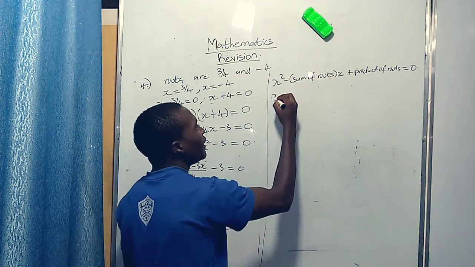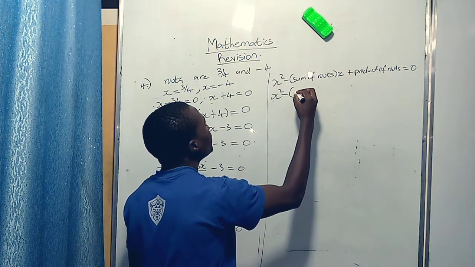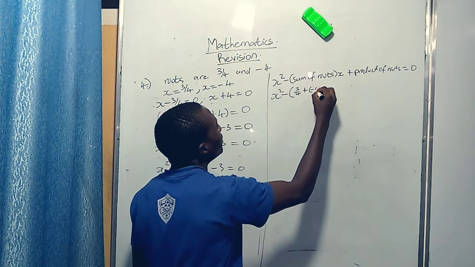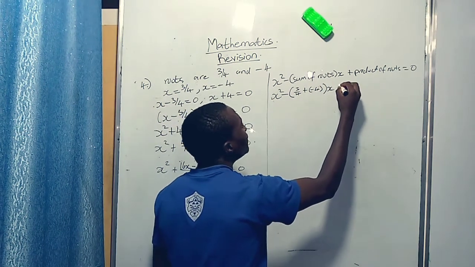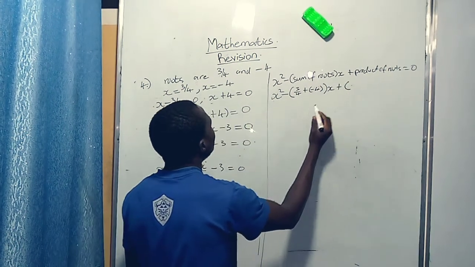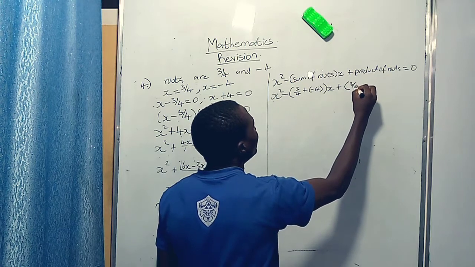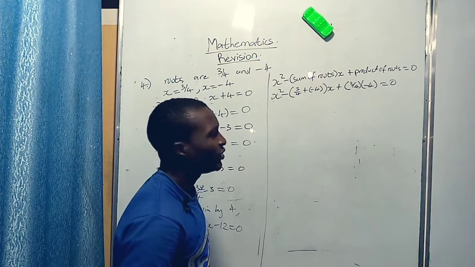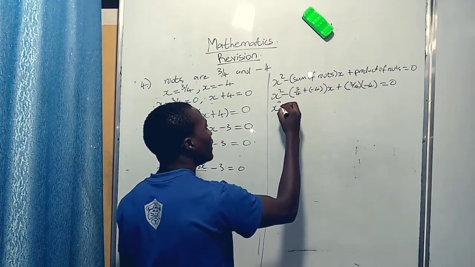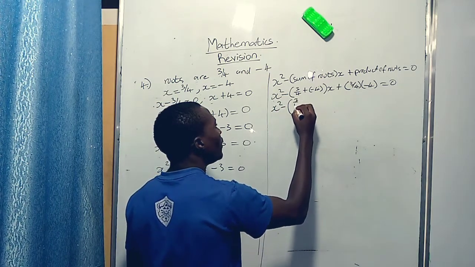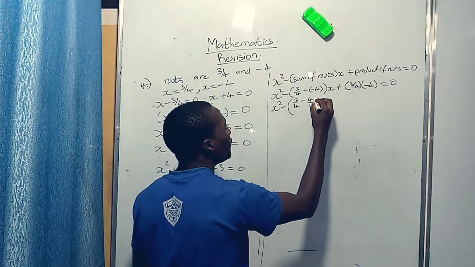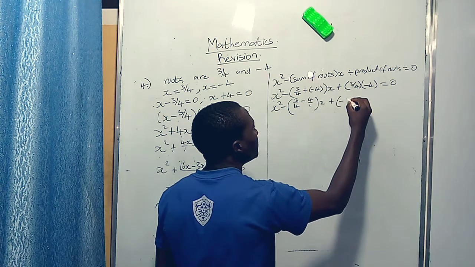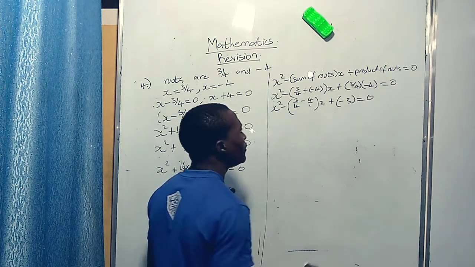So this becomes x squared minus 3/4 plus minus 4x plus product of roots, it becomes 3/4 multiplied by minus 4 equal to 0. So this is going to give us x squared minus 3/4 minus 4x plus minus 3 equal to 0.